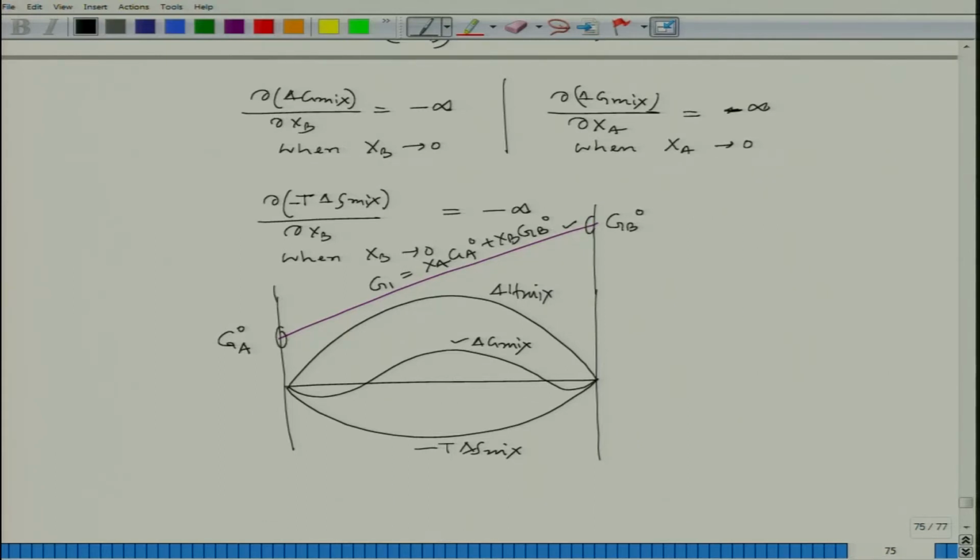Around these zones there will be a dip in the G2 line, and then there will be again an upward movement of the G2 line. So, my G2 line would be like this. So, this would be my G2. Now, the final solution free energy line would have a situation like this.